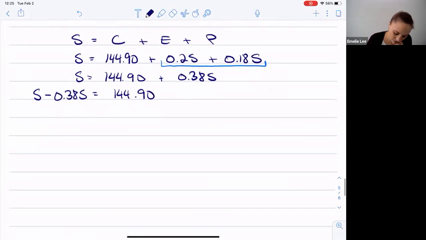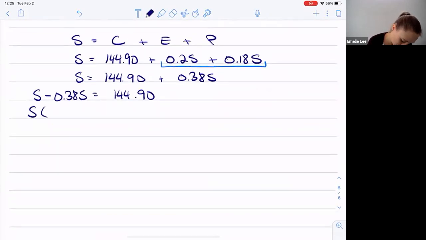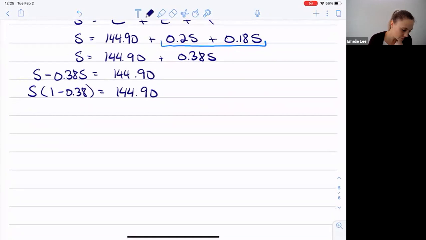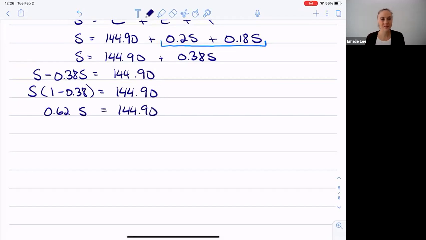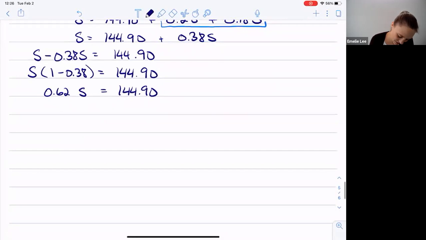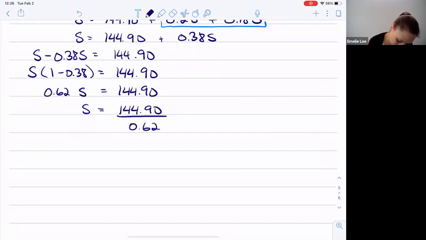However you do it, I'm going to show what's going on. S times 1 minus 0.38 is equal to 144.90, putting me at 0.62S is 144.90. So close. Solving for S, I can shift things around. S is 144.90 divided by 0.62.